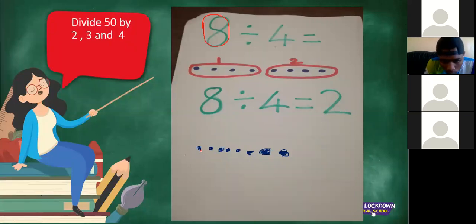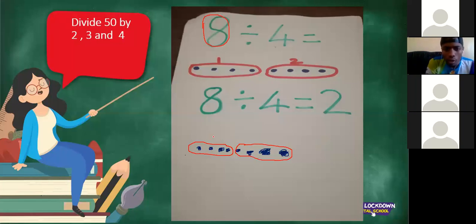So I count 1, 2, 3, 4. That's one group. And after I made one group here, I make another one: 1, 2, 3, 4. When I've circled all of them and split them into groups, there must be nothing left behind. That's what makes it equal.